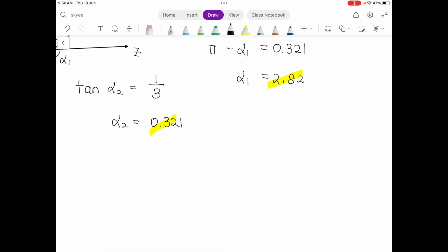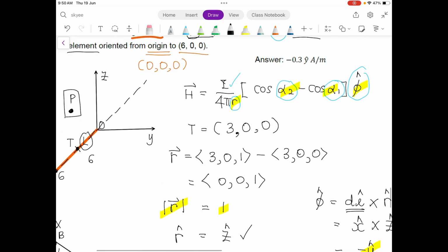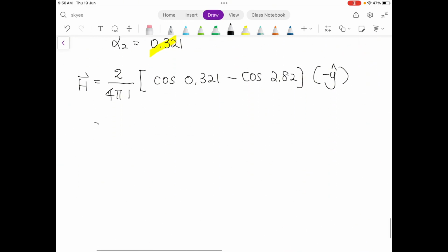The last step is to just put them together. So I over 4 pi r, where I is 2 and r is 1, then you have cos alpha 2, which is 3, 2, 1, minus cos alpha 1, which is 2.82. And then phi is equal to the negative y direction. Okay, so we can calculate this.